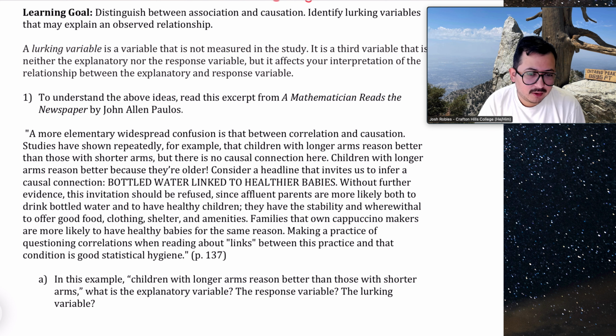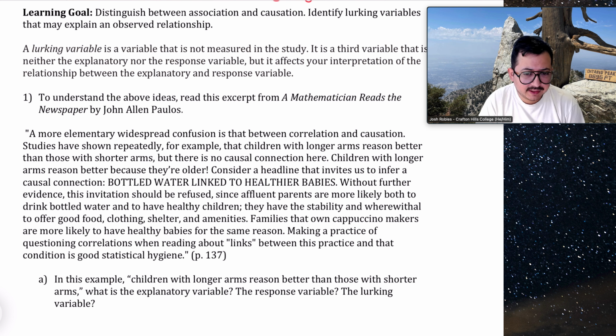Children with longer arms reason better because they're older, right? Why would someone who has longer arms reason better, essentially smarter, than someone with shorter arms? Most of the time, that person with longer arms is older. It has nothing to do with specifically just being taller. You're just usually taller if you're older, especially in children. Okay, so that is an issue in how we need to think about this.